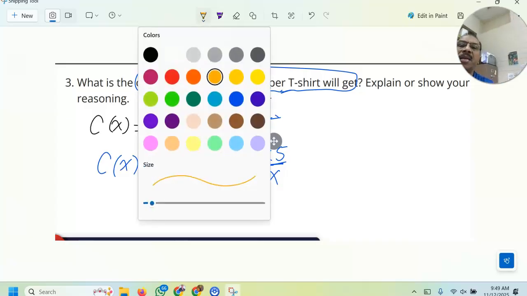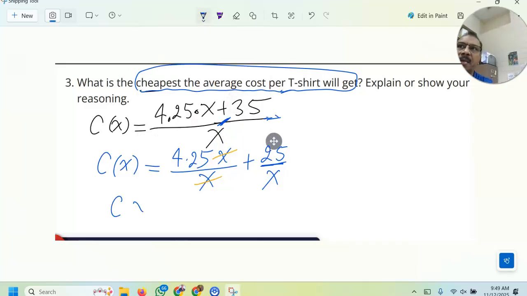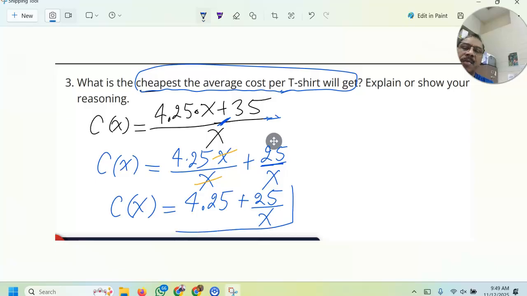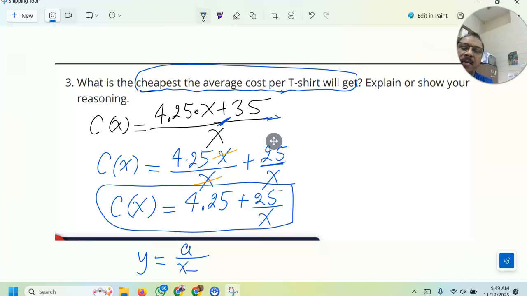And what I'm left with is C(x) equals 4.25 plus 25 divided by x. And you can see this is a beautiful equation which is of the form y equals a over x minus h, the general or standard equation of a rational function, plus k, like this.